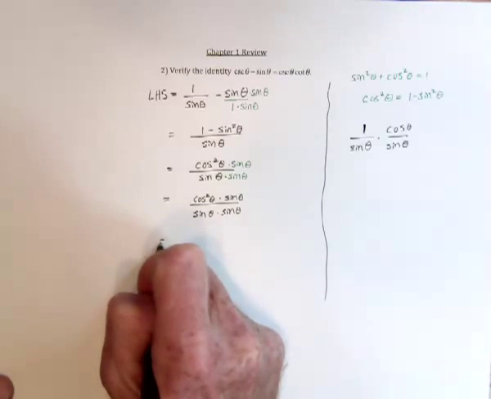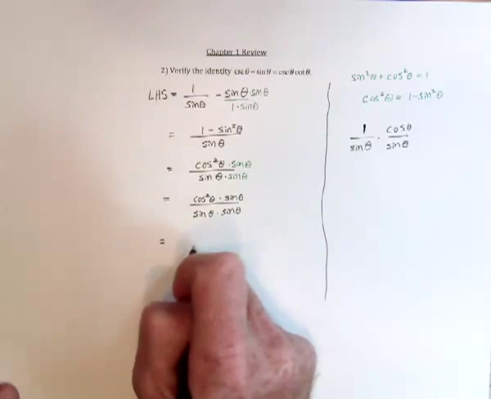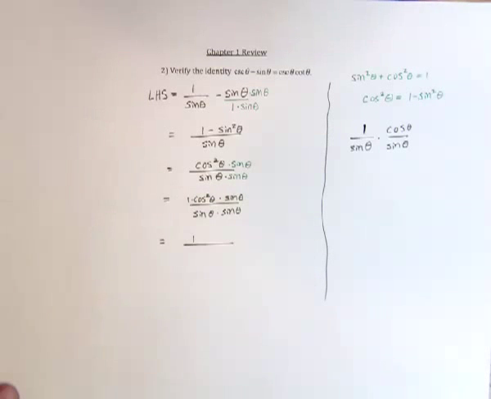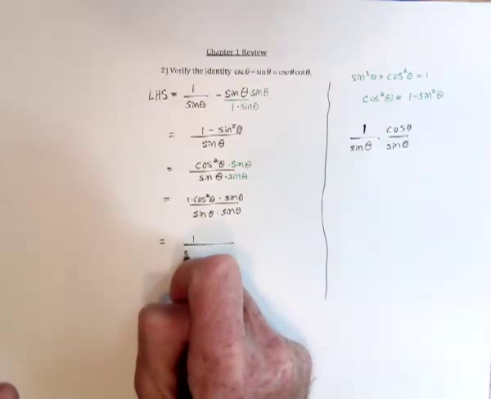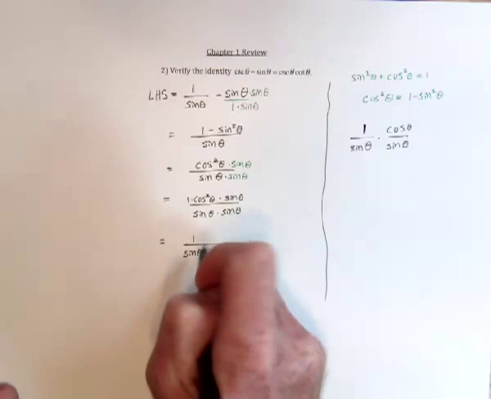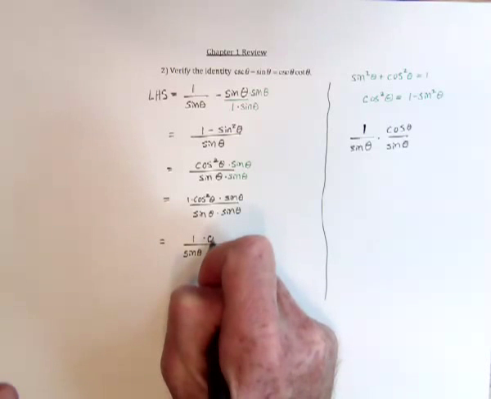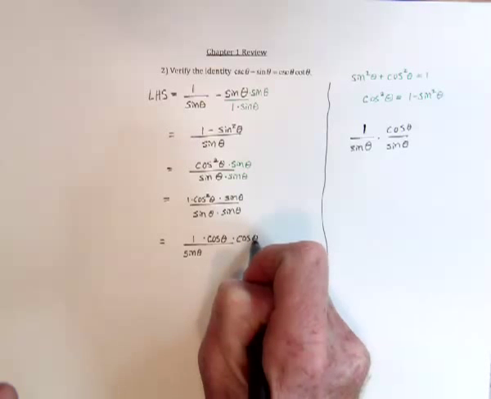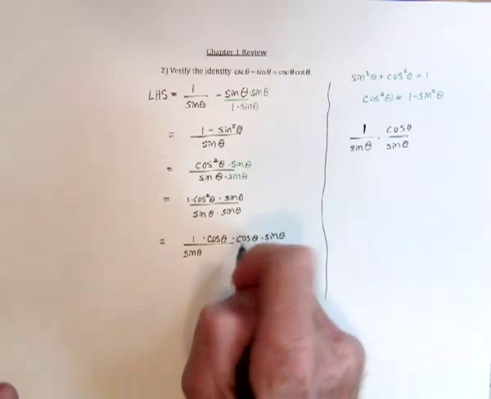So if I try to make this one look like that one, I could say this is 1 times whatever I want. So I've got the 1 in there, and then line that up over that sine of theta. Okay, take one of these cosines, so factor it as cosine times cosine, and then write down this sine so that we don't lose it.